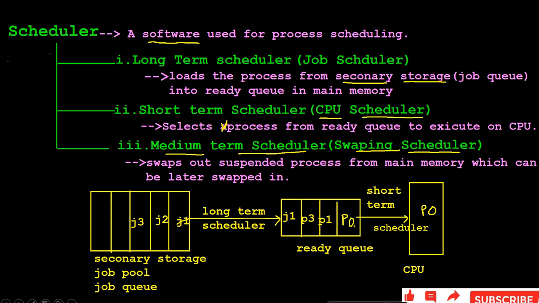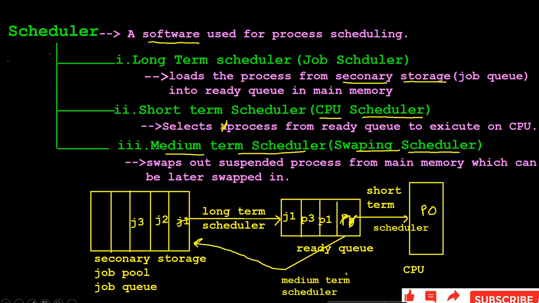So this process will be blocked or suspended, because it will be waiting for the input-output device. So the operating system will remove this process from the ready queue and load it back into the job queue. This will be done by the medium-term scheduler. One more name for the medium-term scheduler is the swapping scheduler.